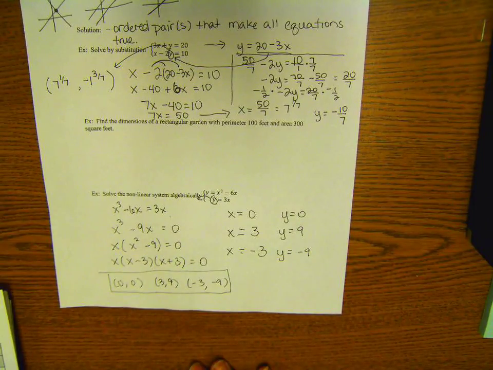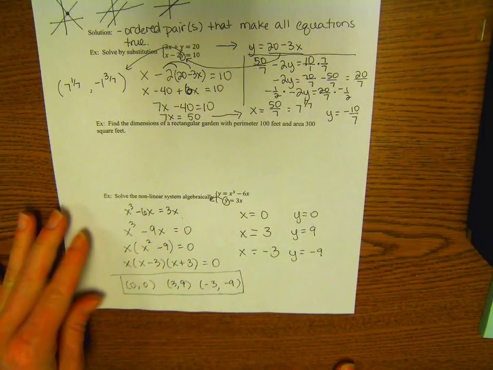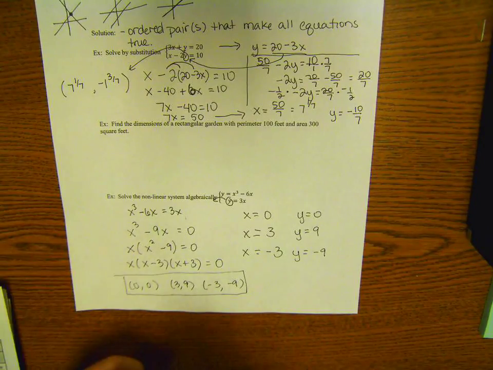So let's take a look at the rectangular garden one. Find the dimensions of a rectangular garden with perimeter 100 feet and area 300 square feet. We've actually done this one before, earlier when we did rational functions, but we're going to do substitution and make it linear and quadratic.